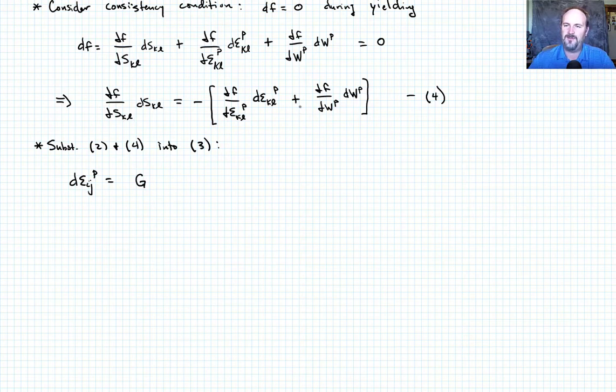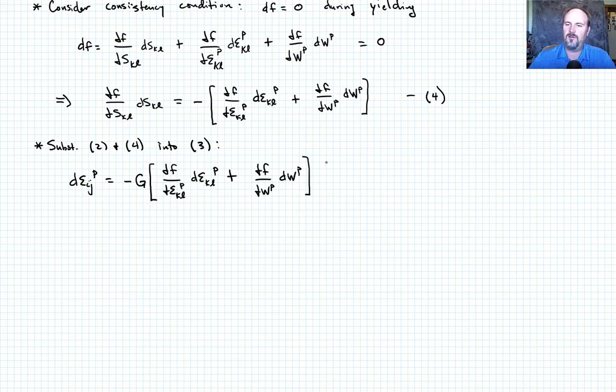I'm now going to substitute this in, so I'll have a negative sign there, and then this quantity: partial of f with respect to epsilon KL plastic, d epsilon KL plastic, plus the partial of f with respect to the plastic work times the increment of the plastic work. And then I also have this partial f with respect to S_ij that I have to be concerned about.